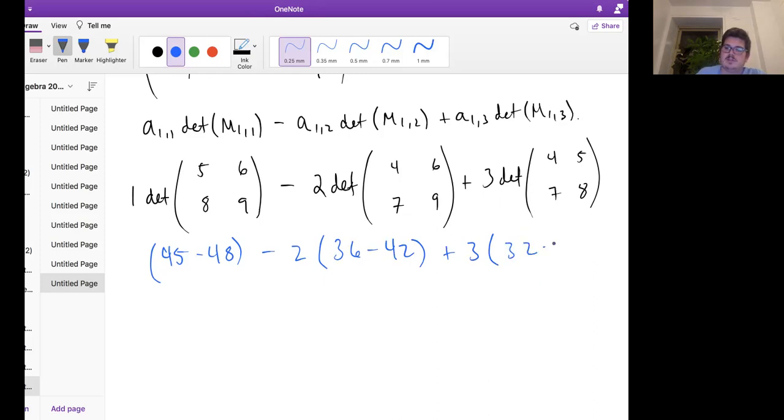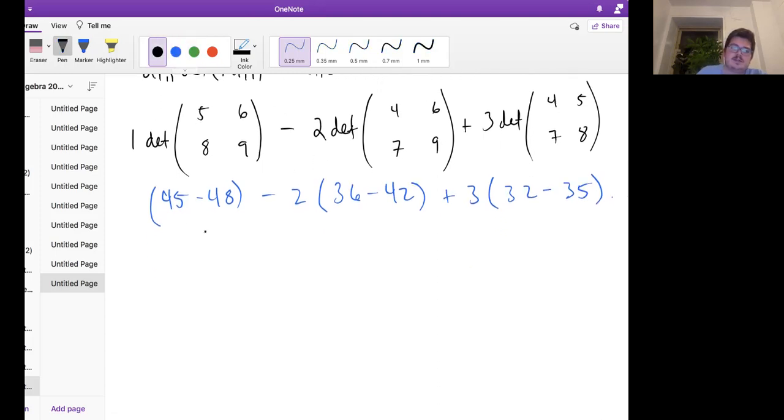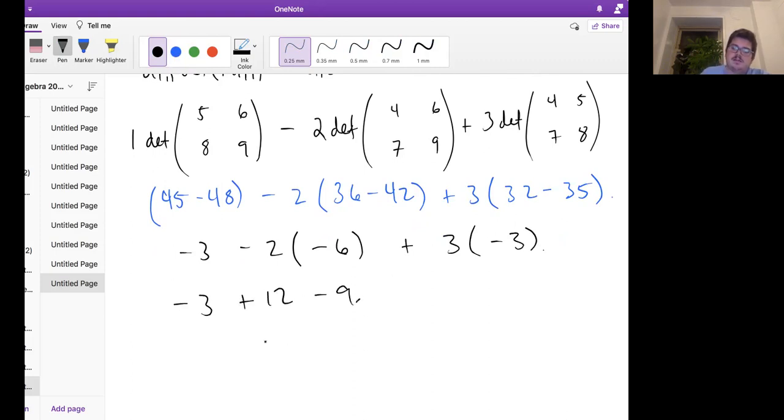Yep, 32 minus 35. All right, so let's calculate this. What is that, -3? What is that, -6? And then what is that, -3? So I have -3 plus 12 minus 9. And what is that? 0.